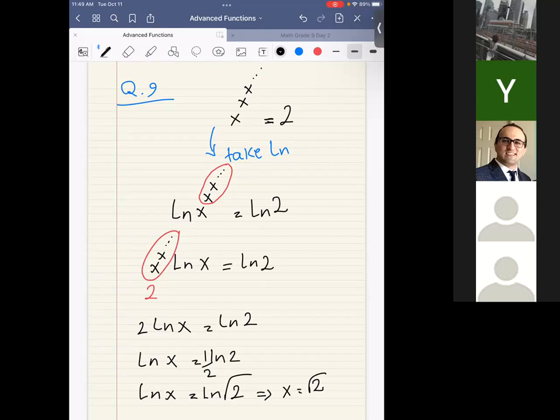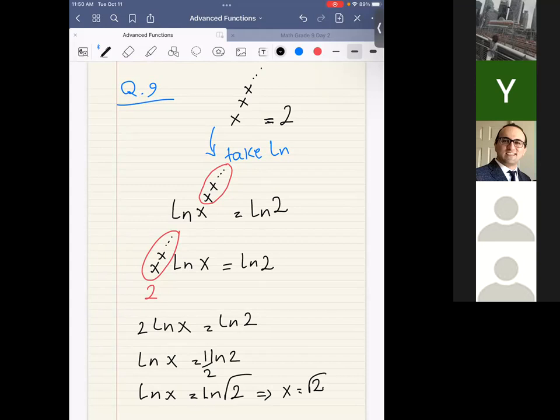you can take it in front of ln, right? So you have x to the power x to the power x times ln of x is equal to ln of 2. But x to the power x to the power x is equal to 2, we know from the first equation.